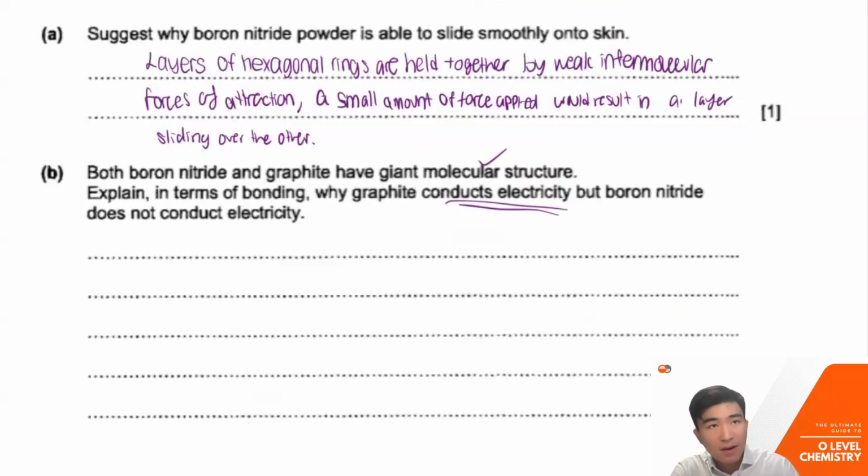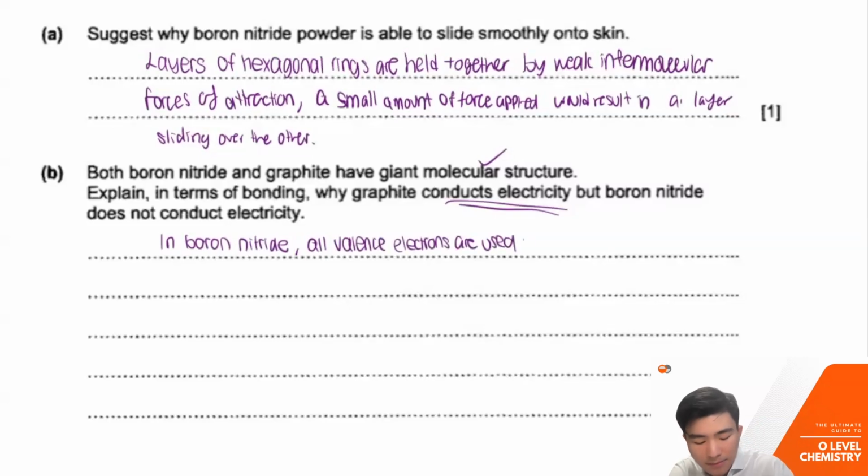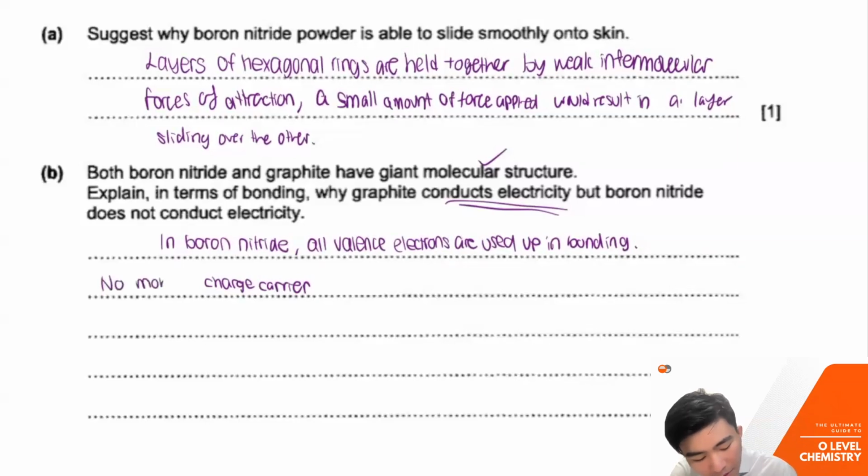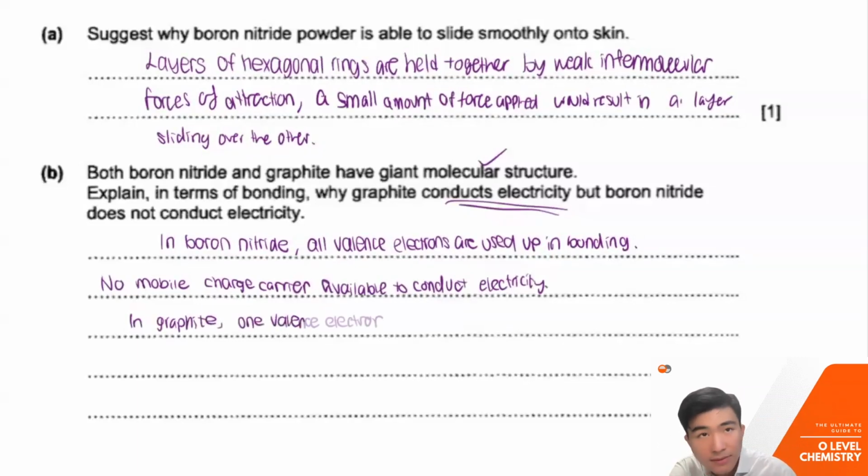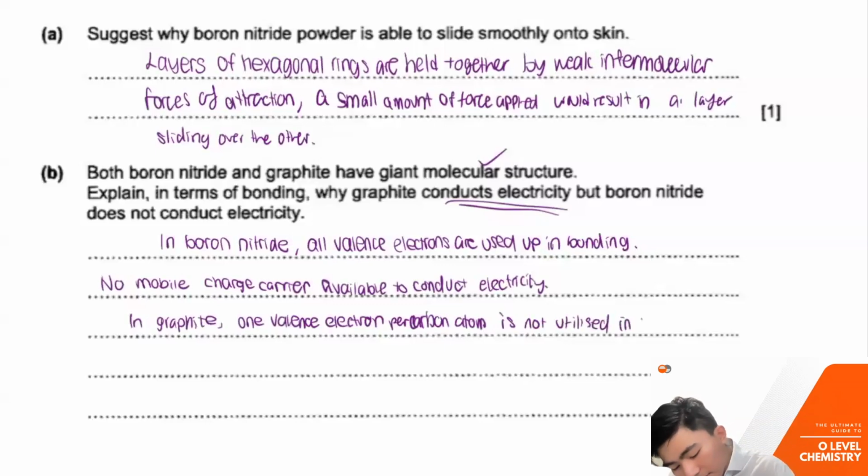Now, with that understanding, can we try this? So we tell them that first off, in boron nitride, all valence electrons are used up in bonding. To make your answer more specific, no mobile or free charge carrier available to conduct electricity. For graphite, it's slightly different based on what we said just now. One valence electron per carbon atom is not utilized in covalent bonding.